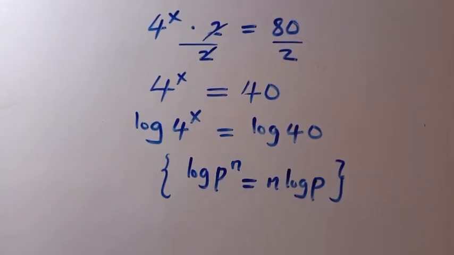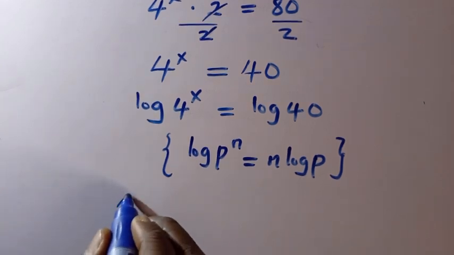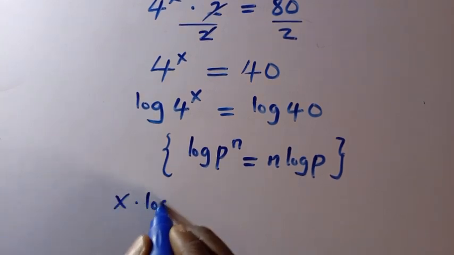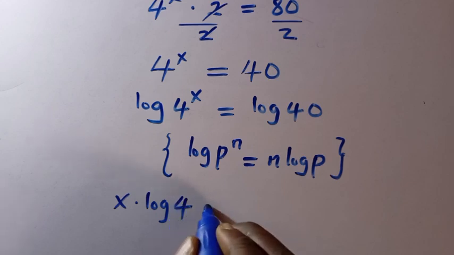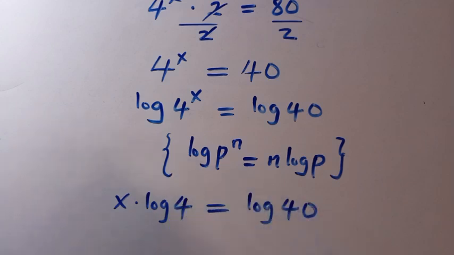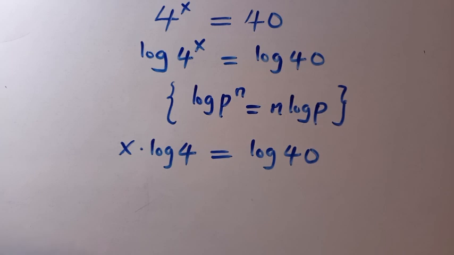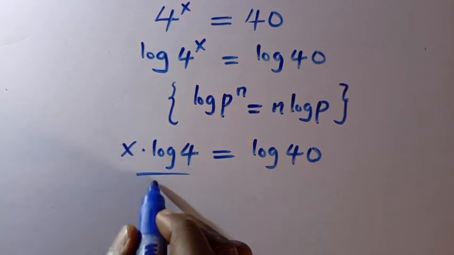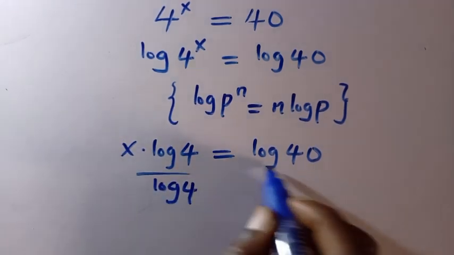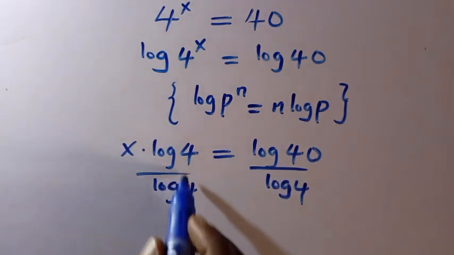So we have to apply this rule, and here becomes x multiplied by log 4 equals log 40. Then by dividing both sides by log 4, we have this also divided by log 4 because we need x.